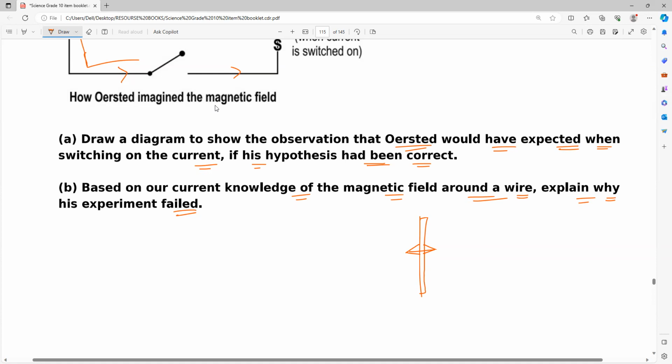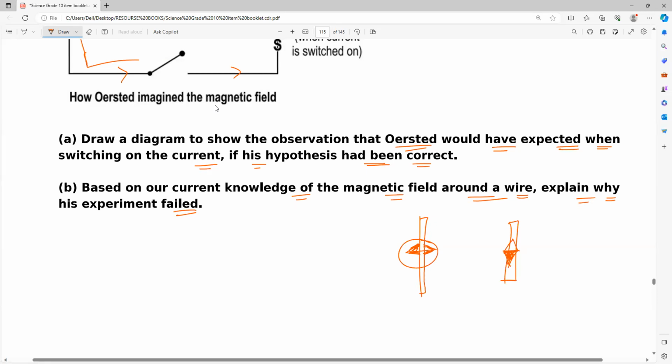Since the needle is already placed perpendicular, it will not get deflected. If you want to see the deflection, you must place the compass parallel to the current carrying conductor. That is what you have to remember.